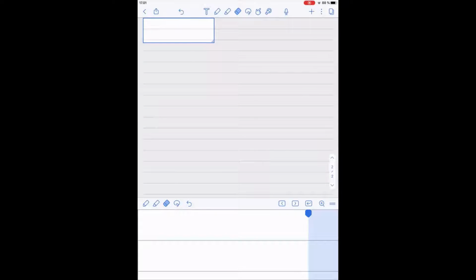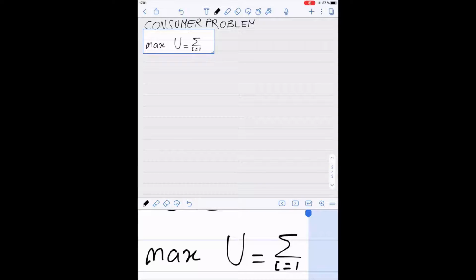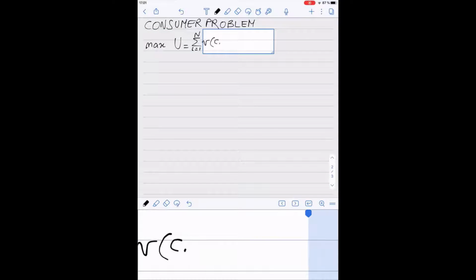Let's start with the consumer problem. The problem of a consumer is to maximize its utility, which equals the summation from i equals 1 to capital N of v(c_i), subject to the budget constraint.